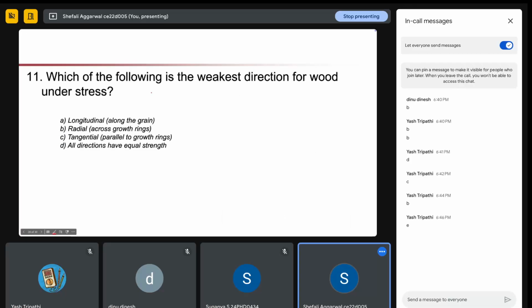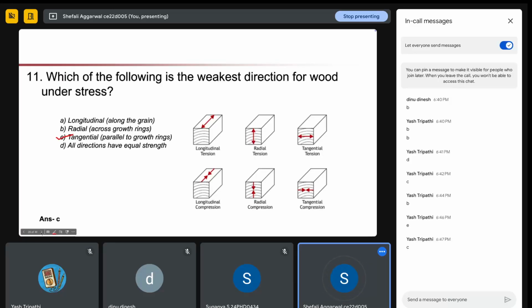Okay. Which of the following is the weakest direction for wood under stress? Longitudinal direction, radial direction, tangential, or all directions? Okay, C, tangential direction. So C is the correct answer.